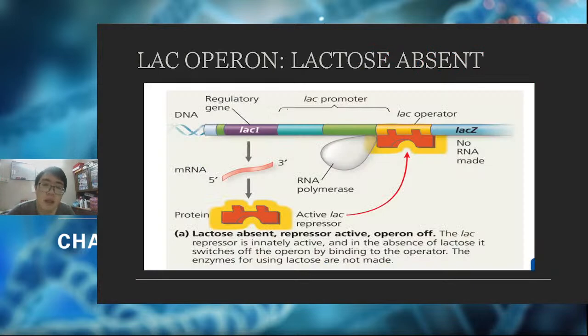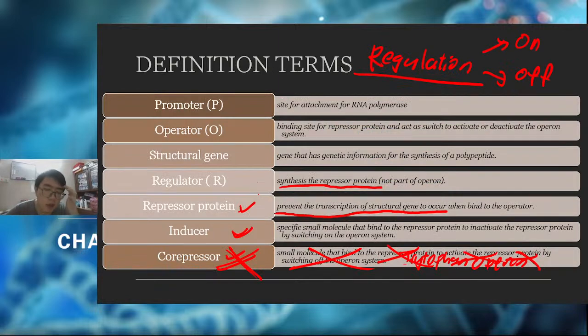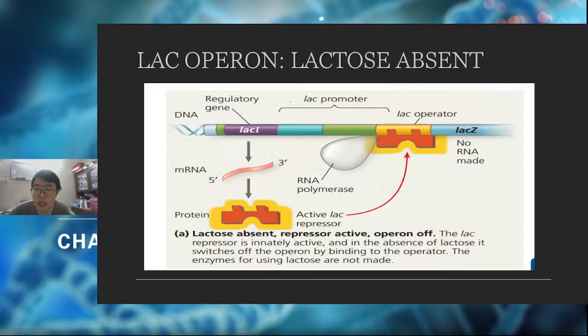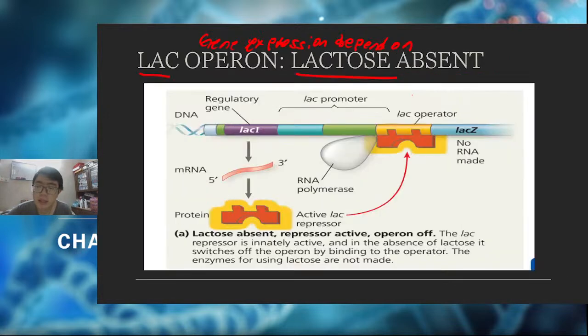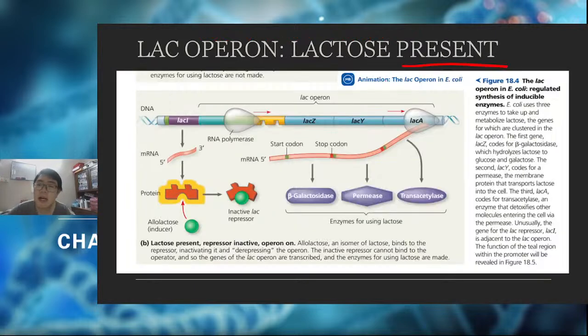Next is about the mechanism of the lac operon. Earlier you already understood the definitions, so now we want to learn the mechanism of the lac operon. Why is it called the lac operon? Because the gene expression depends on lactose, either lactose is absent or lactose is present in the cell.